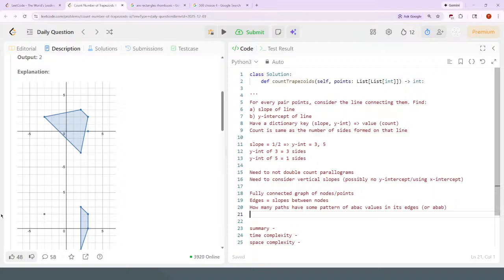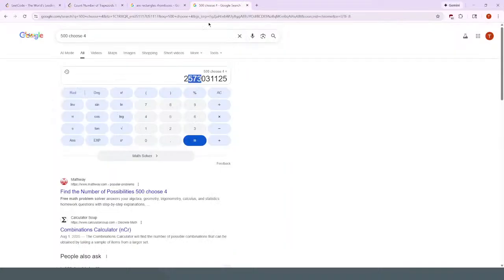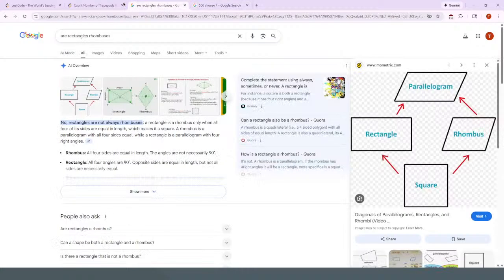That's just not feasible. It's going to be 2.5 billion possible four-length sequences. There has to be some way that's more efficient than this.